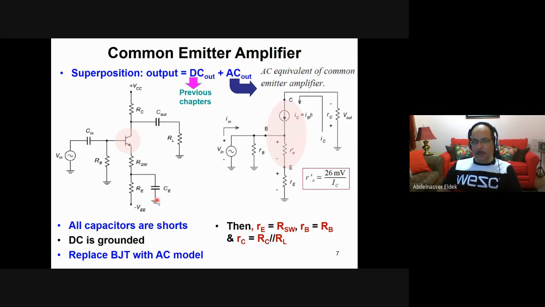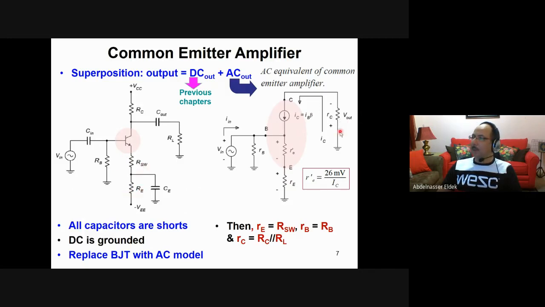The capacitor is a short circuit in AC, so it will cancel RE. Then the total resistance from E to the ground is just this little RE, equal to RSW, because this one is shorted.